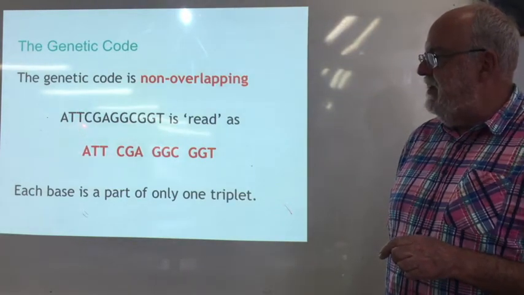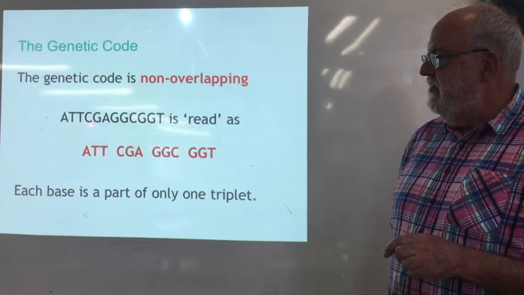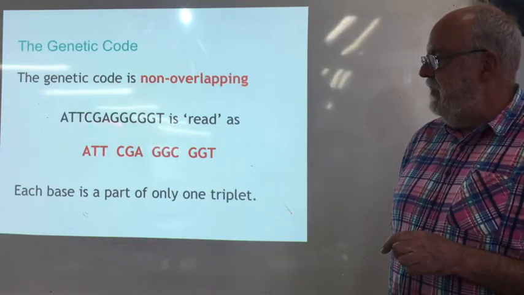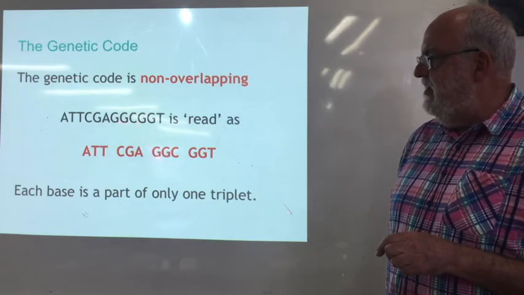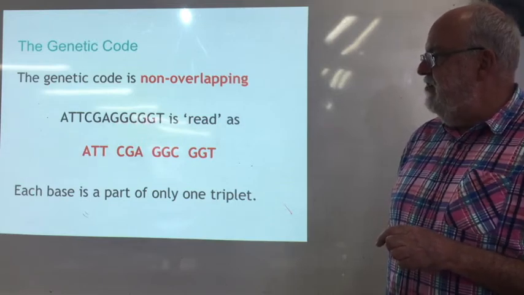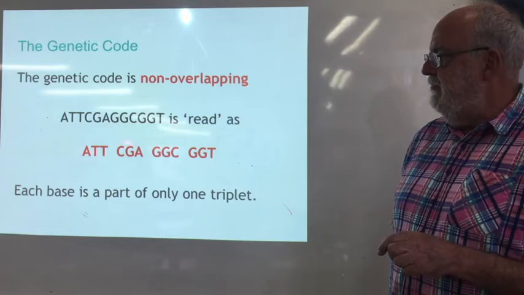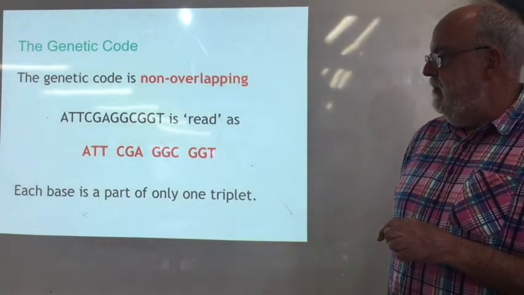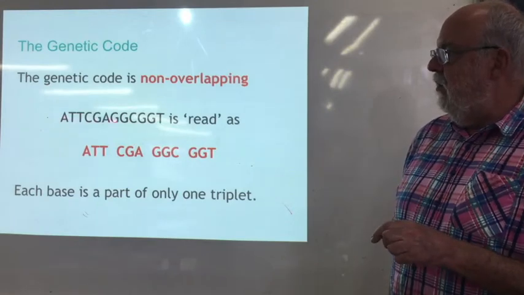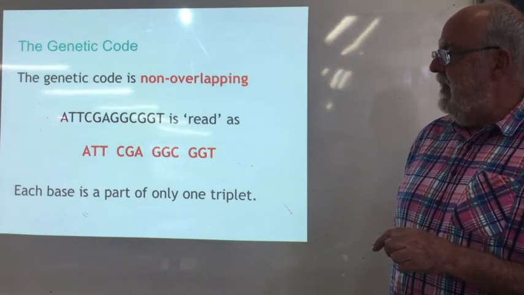So ATT, there it is, CGA, there, GGC there, and GGT at the end. So here we've got a sequence of 4 triplet codes out of the whole length of a molecule of DNA.